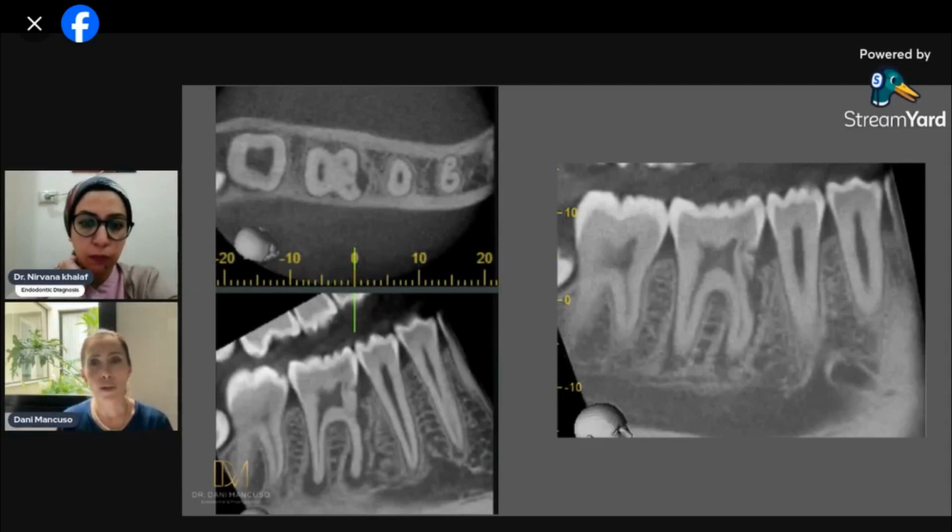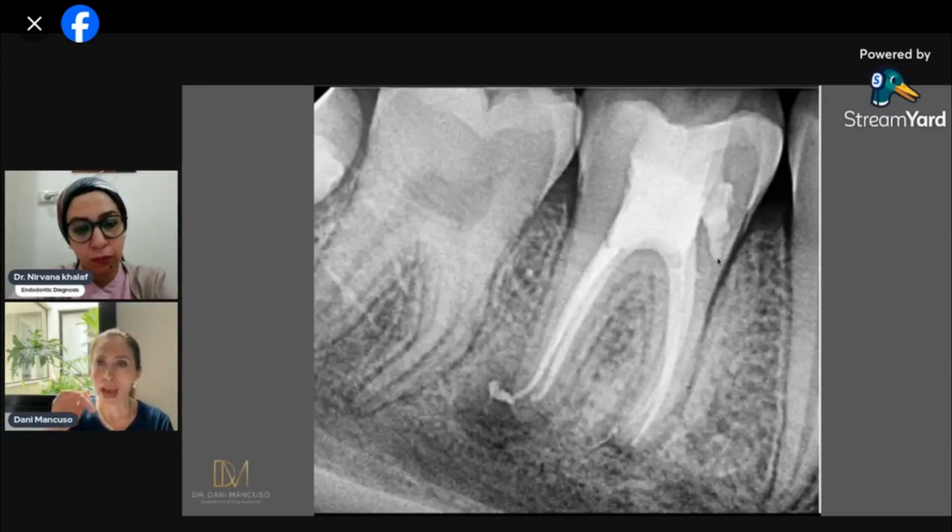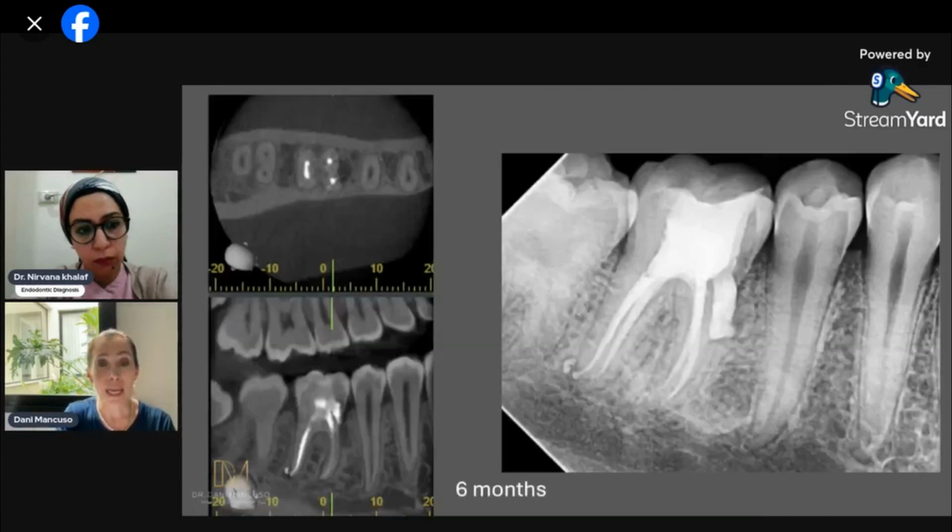So we proceeded with the root canal treatment, and I attempted the bioceramic over there. But I was not that happy with the bioceramic, although I could go out of the root. I waited because he's a young patient and it was a long appointment for him. And it did heal.